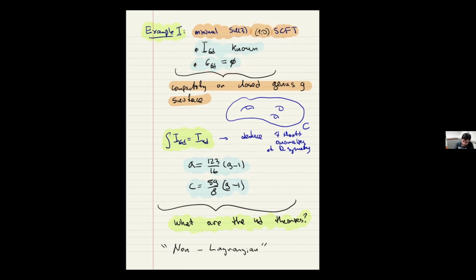Okay, so now we can just do what I said on the previous slide, and for example, we can compactify on a Riemann surface. Here we don't have any global symmetry, so there is no issue of turning on fluxes. The only thing we can choose is the Riemann surface. We can integrate the anomaly polynomial of the 6D theory on the Riemann surface and produce an anomaly polynomial of the 4D theory.